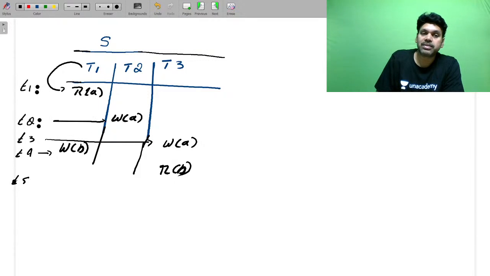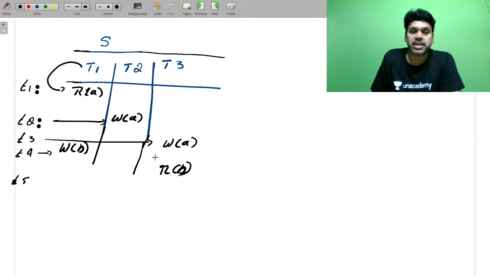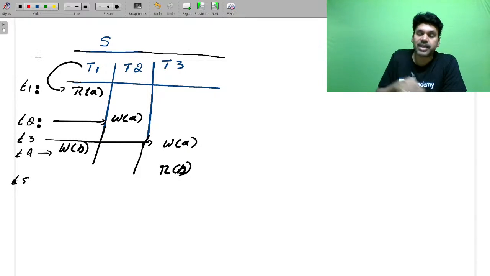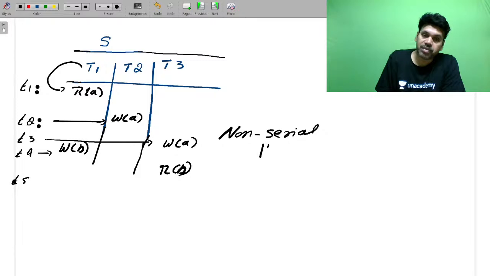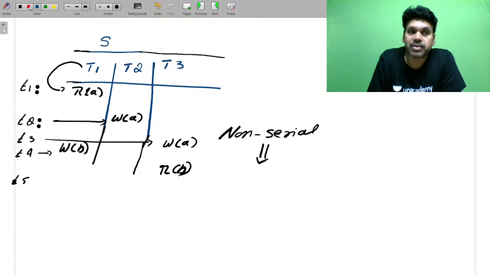So this is how they are executing. The objects are interleaving and transactions are executing in a concurrent manner. Whenever you see this kind of execution, this is called non-serial. So we want to put this into a serial execution. How can you put it into serial execution?